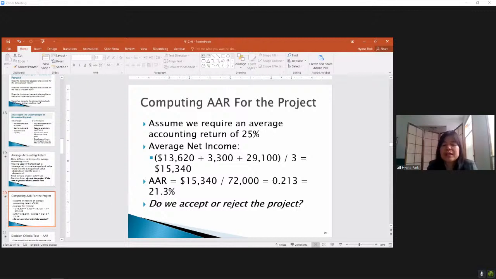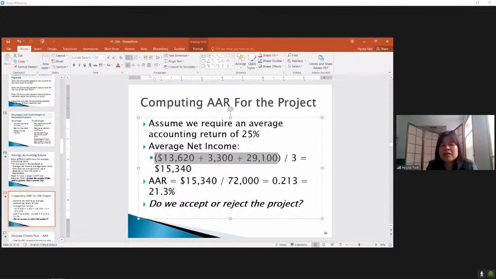So what's the average net income? We have 3 years, so the 3 net incomes are divided by 3. That's the average. In an average year, this project generates $15,340 of net income. And the average book value is also given in the problem, 72,000. So the average accounting return is 21.3%, but the preset target return is 25%.